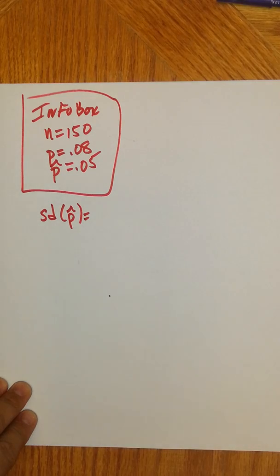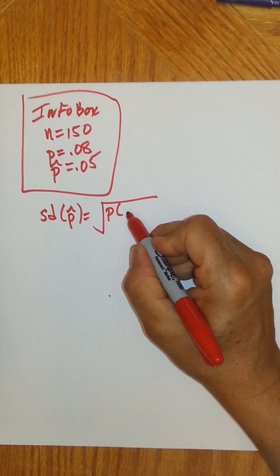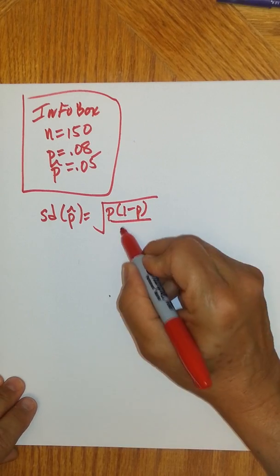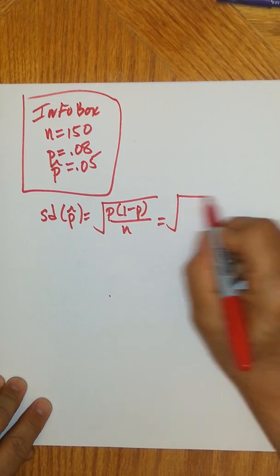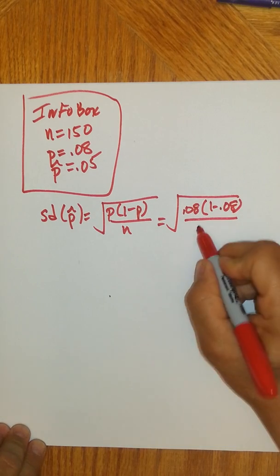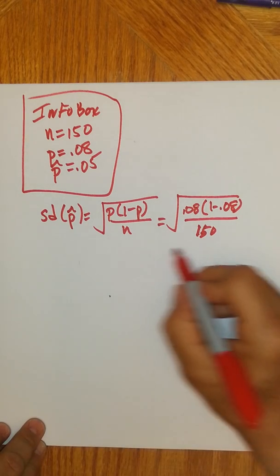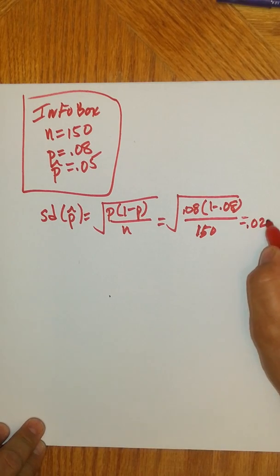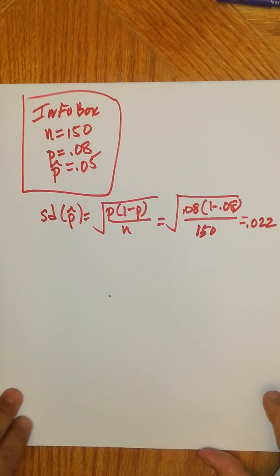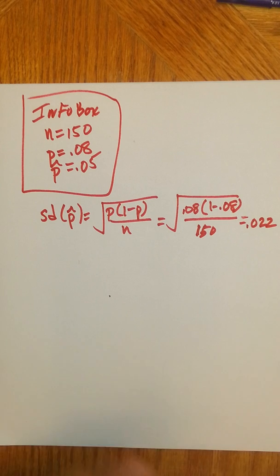Okay, so that's going to be square root of P, and then either Q or 1 minus P. I always use 1 minus P. And so here we have 0.08, 1 minus 0.08 over 150. And I get 0.022, right? Now, normally I tend to round. I'm going to go ahead and show both distributions where it's rounded and not so rounded.